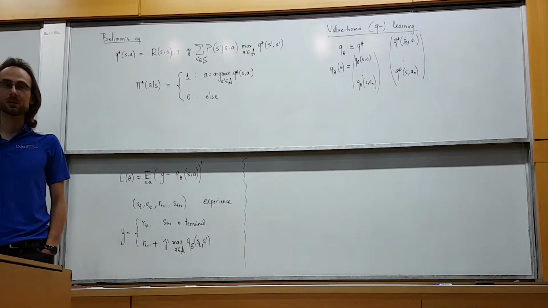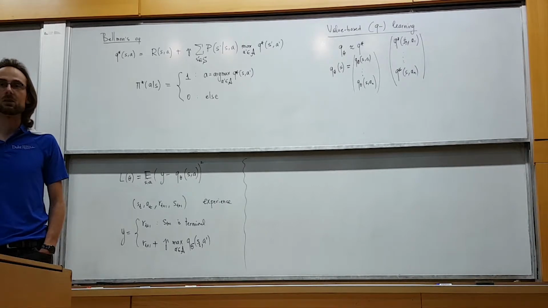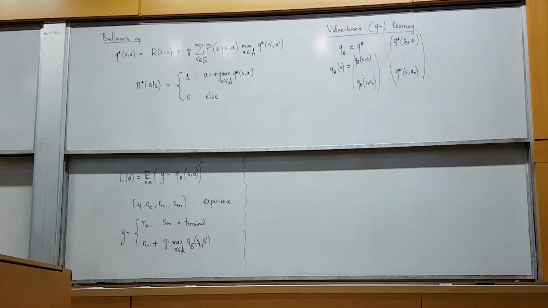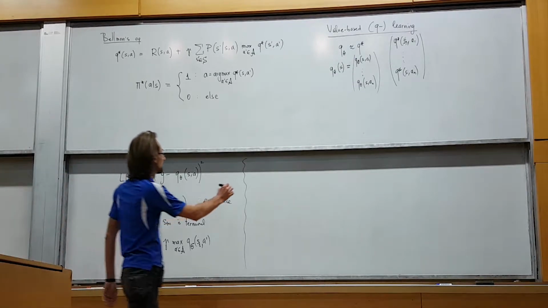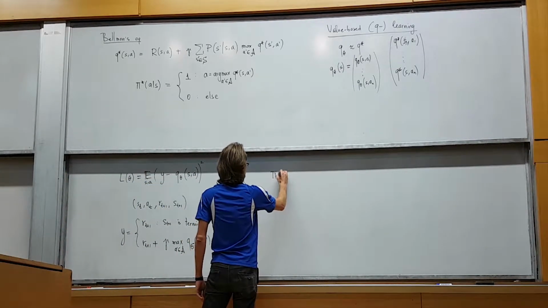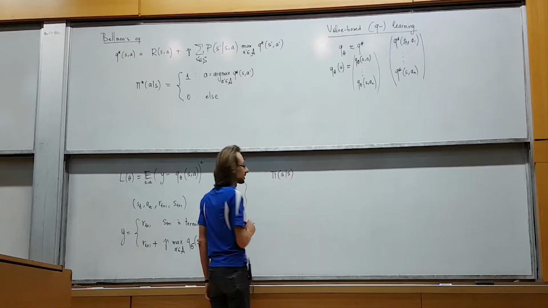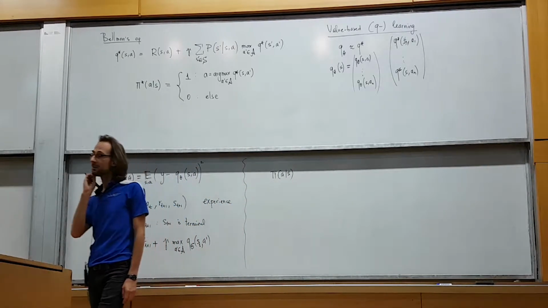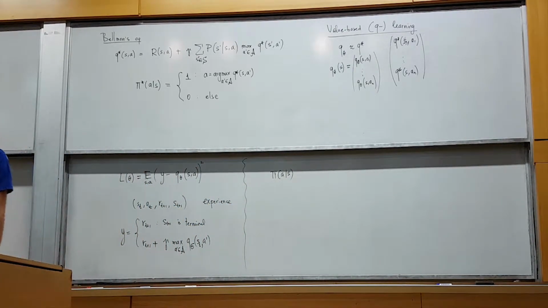Especially if you have many actions, it might be quite a complicated map between S and A to the value function. In some cases, it would be much easier to learn the policy itself, basically this function pi of A given S.